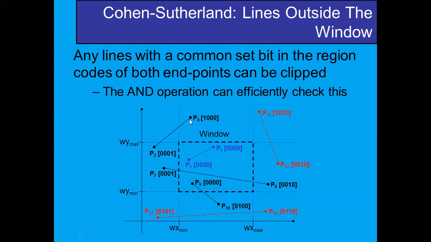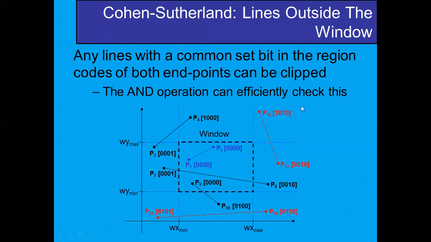If you extend this one, then P3, P4 has the 4-bit region code 0001, and this one has a different region code. Now we can see which portion we want to clip. The AND operation can efficiently check this.